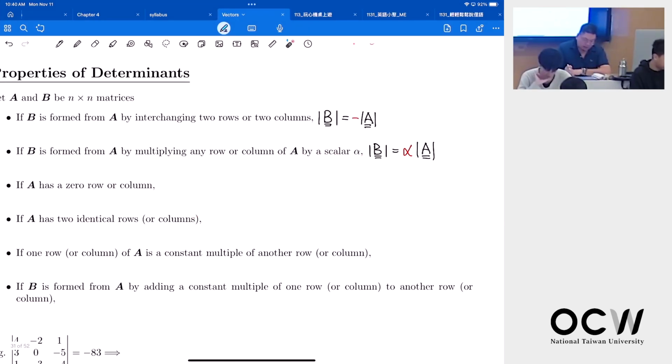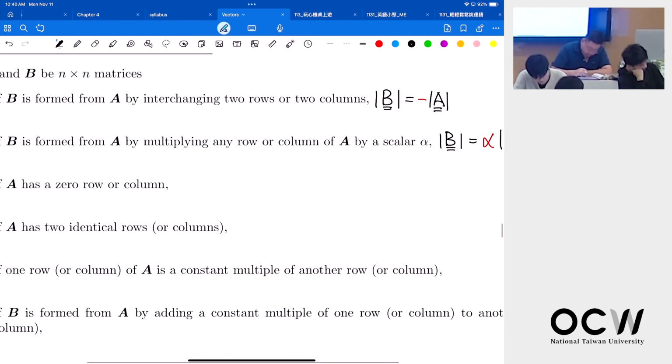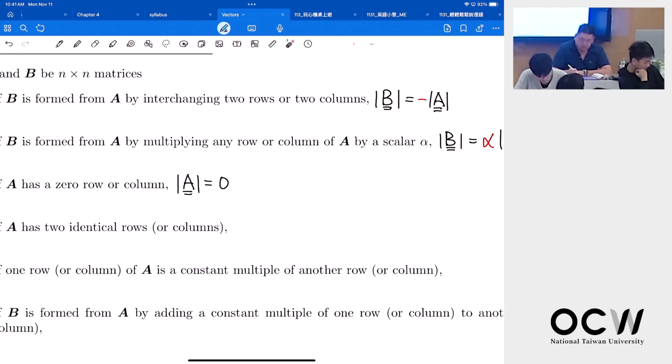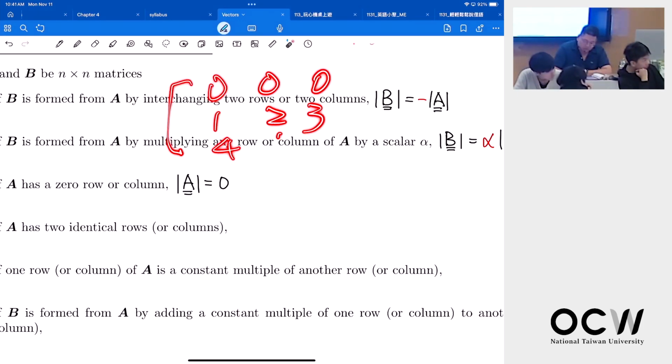If A has a 0 row or column, then the determinant of A you don't need to calculate. That's 0. Easier, because if I have matrix 0, 0, 0, 1, 2, 3, 4, 5, 6, remember how do we find a determinant using deduction?